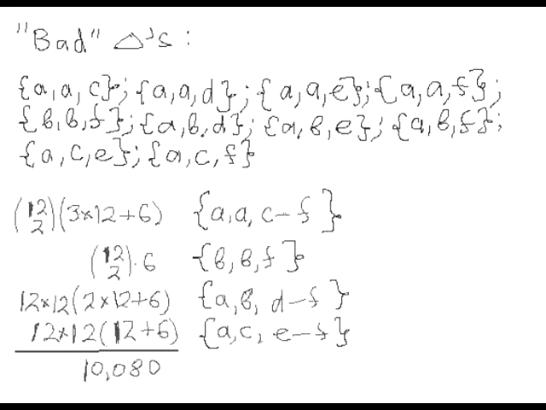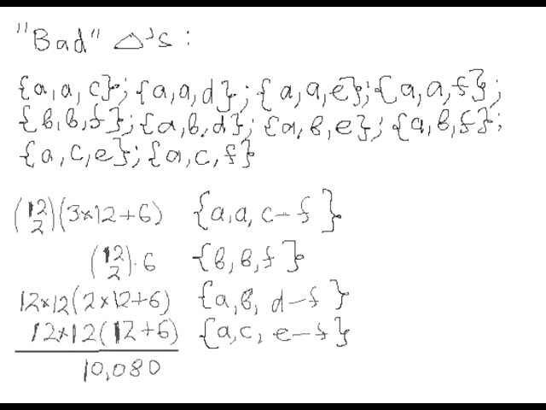Now we can calculate how many actual triples exist with lengths A, A, and C. It's the number of pairs of sides with length A, which equals 12 choose 2, times 12 segments of length C. The same is true for triples of lengths AAD and AAE.